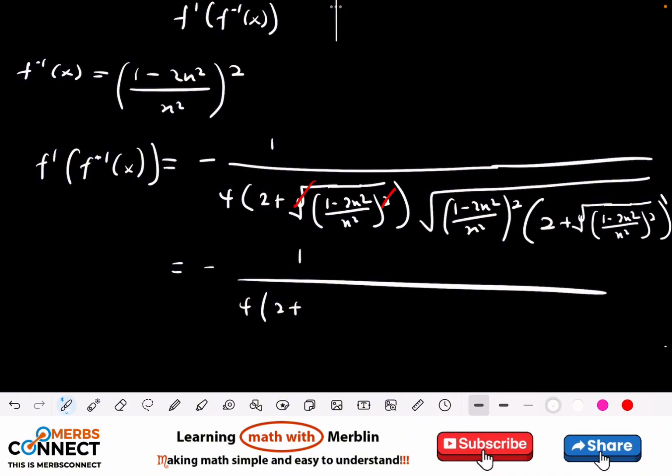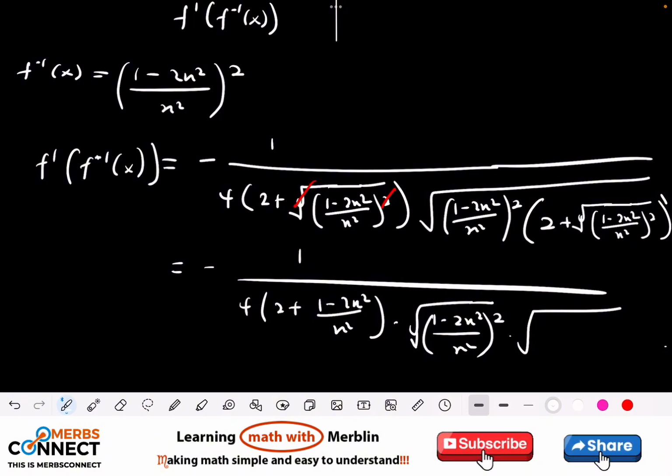So this one will be left with 1 minus 2x squared divided by x squared. And then, as I said, we can split this one into 2. So this one is going to be root of 1 minus 2x squared divided by x squared all squared times root of the one in the parentheses here, 2 plus root of. So I think we can also cancel this guy and this guy. Good. So it will be left with plus 1 minus 2x squared divided by x squared.